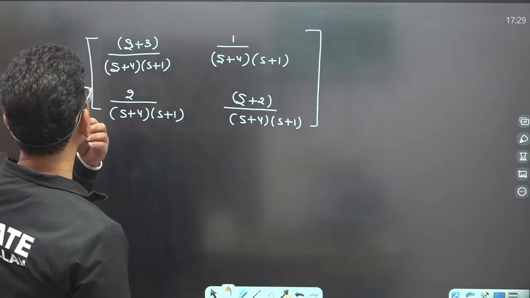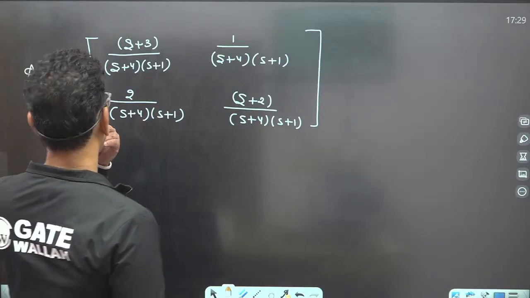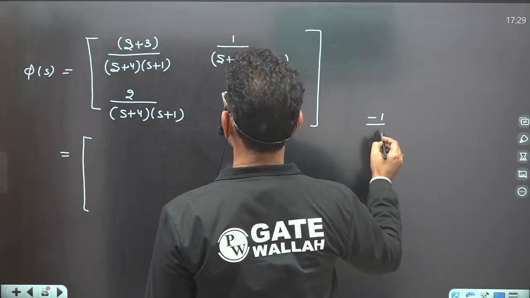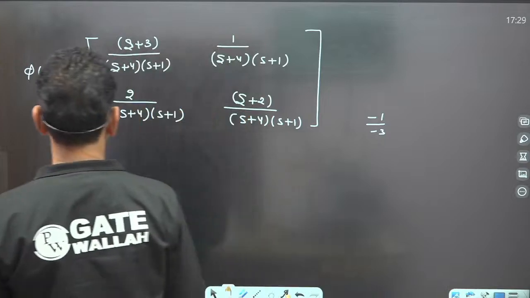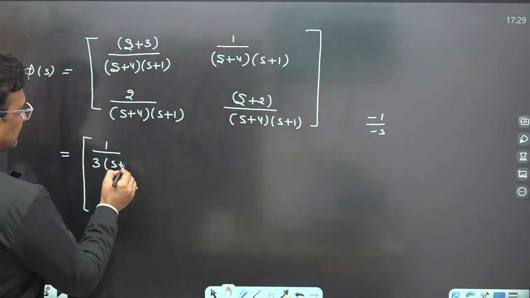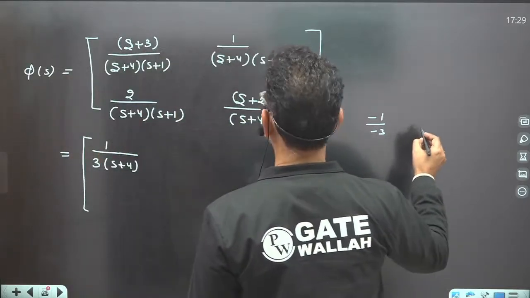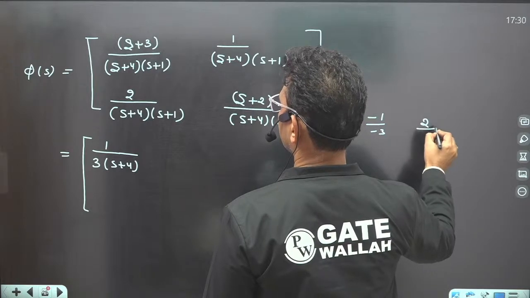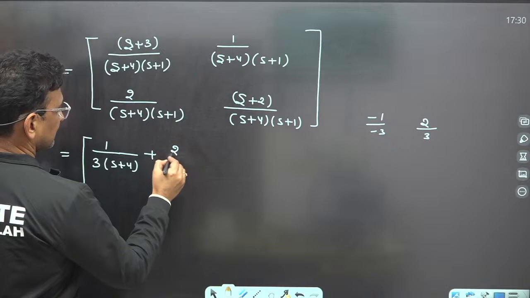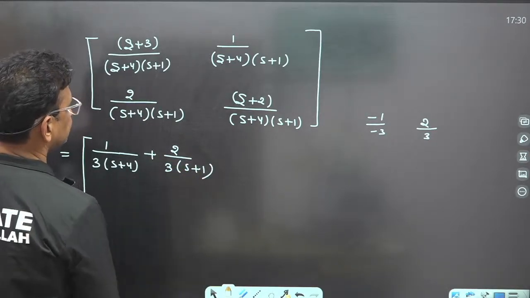A upon s plus 4, at s equals minus 4, that means minus 1 upon minus 3, 1 upon 3, so 1 upon 3 (s plus 4), plus at s equals minus 1, 2 by 3, so 2 by 3 (s plus 1).